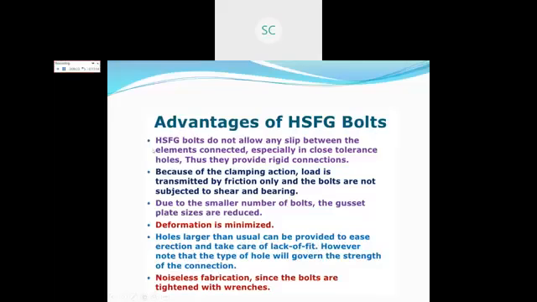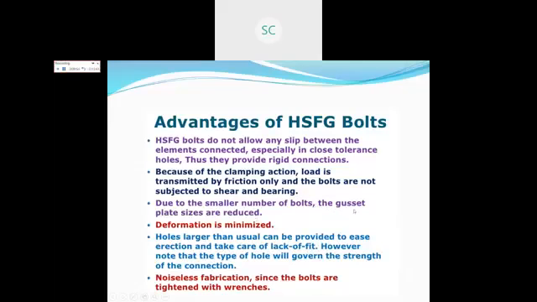High strength friction grip bolts do not allow any slip between the elements connected, especially in close tolerance holes. Thus, they provide rigid connections. Because of the clamping action, load is transmitted by friction only, and the bolts are not subjected to shear and bearing. Due to the smaller number of bolts, the gusset plate sizes are reduced.